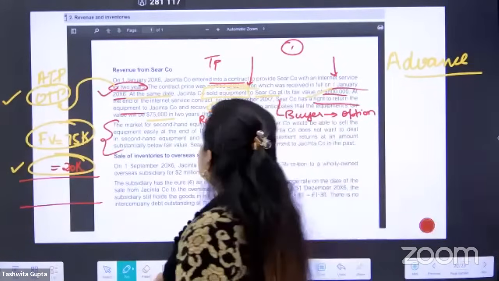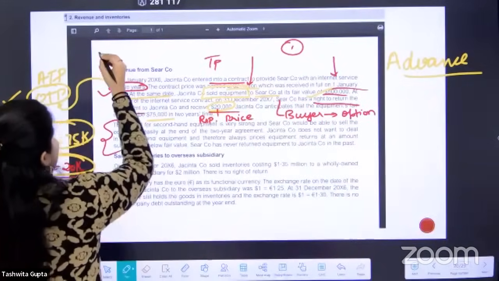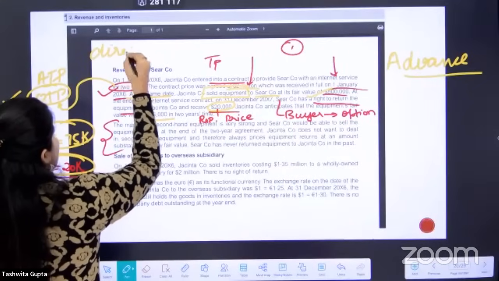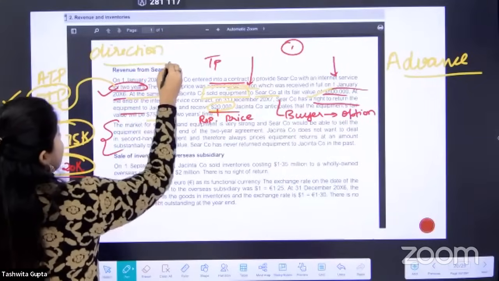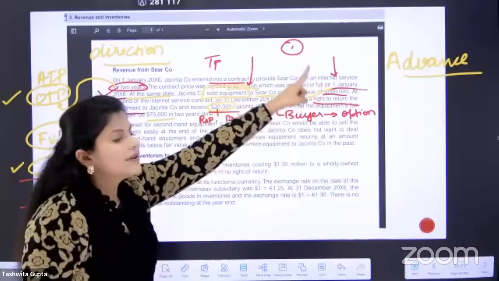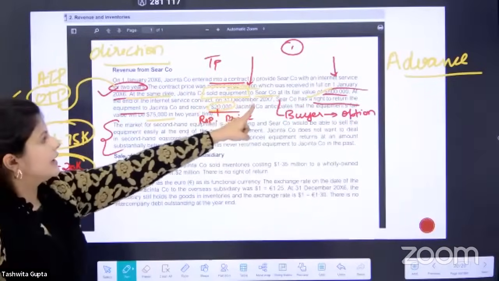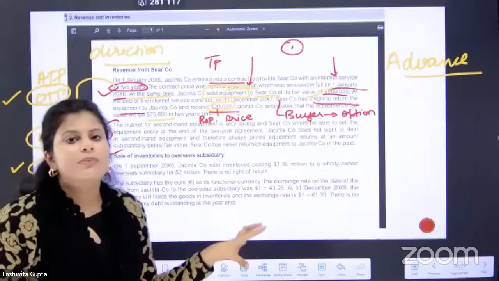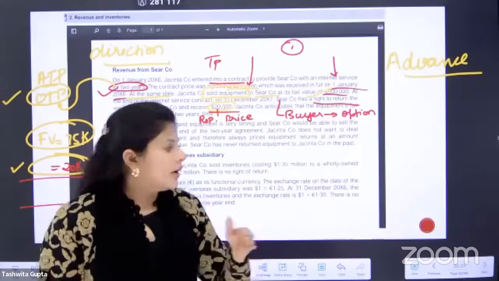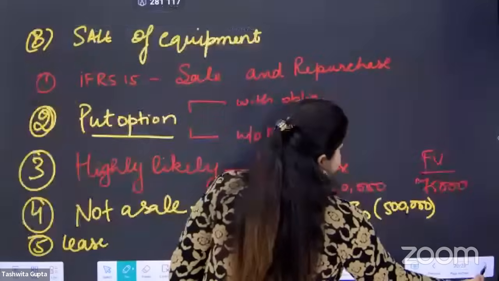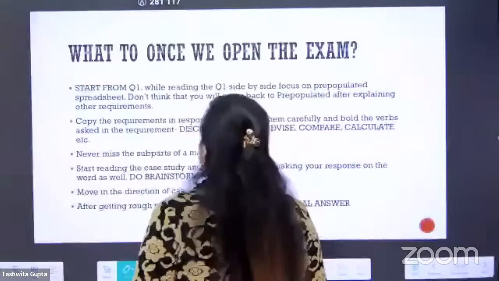So we are moving in the direction of the case study. Did you see how I moved in the direction of the case study? I first figured out internet service and wrote 5 points for it. Then I figured out this sale of equipment and 5 points for it. This is how you brainstorm and move in the direction of the case study.